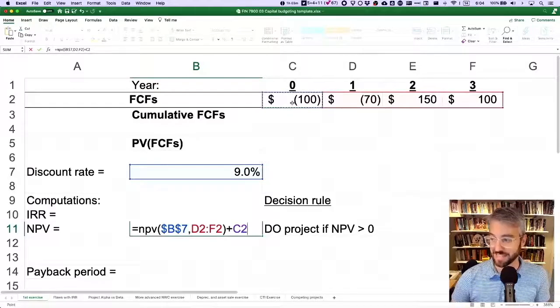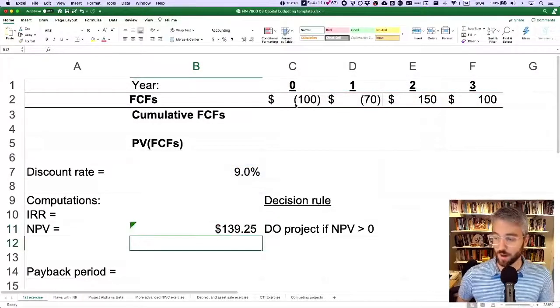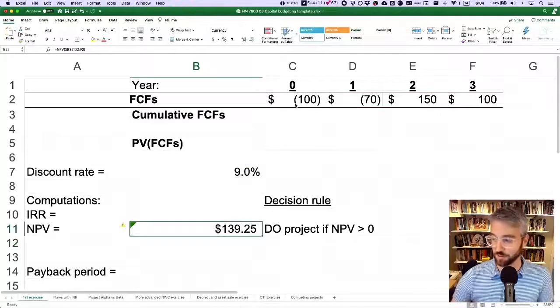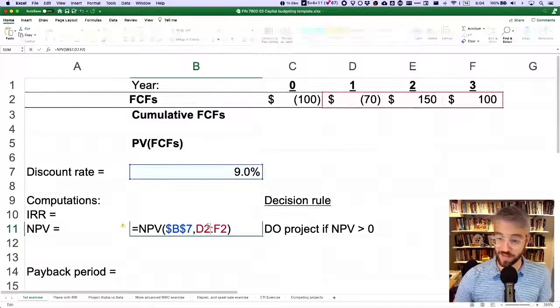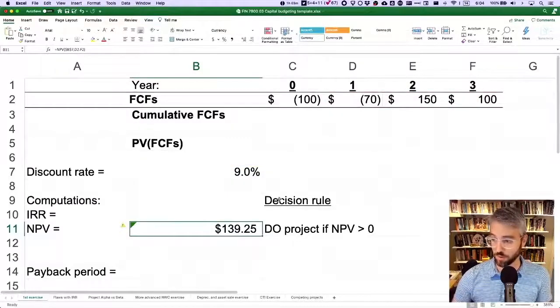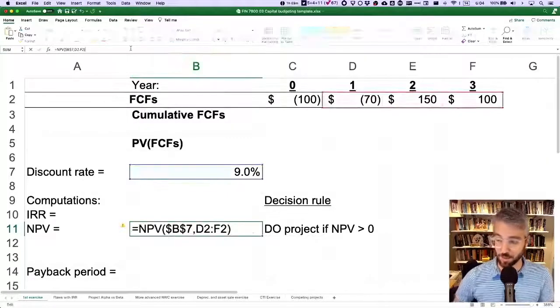And note, what I'm doing is adding a negative number. So if I were to run the formula without it, what I'm getting is that the present value of all of the future cash flows, the cash flows in year 1, 2, and 3, are $139.25 million. And then since I want to subtract off the $100 million investment required at time 0, I do that by adding the negative 100.